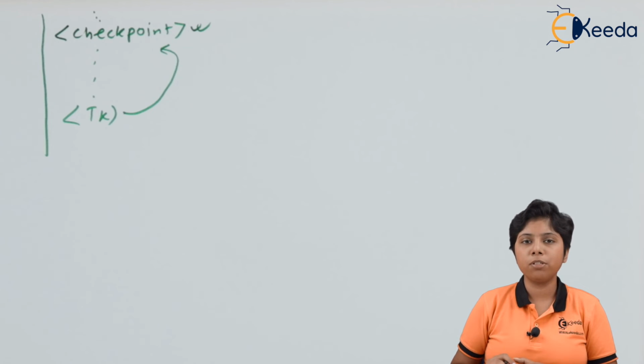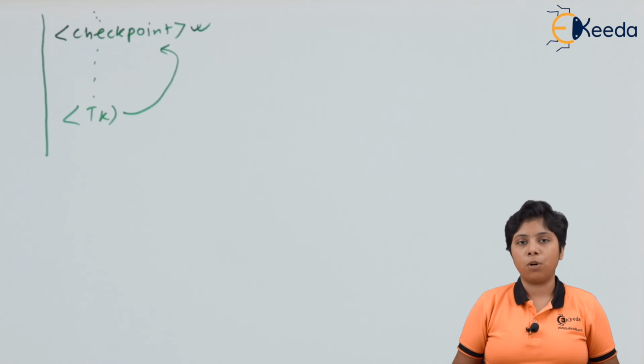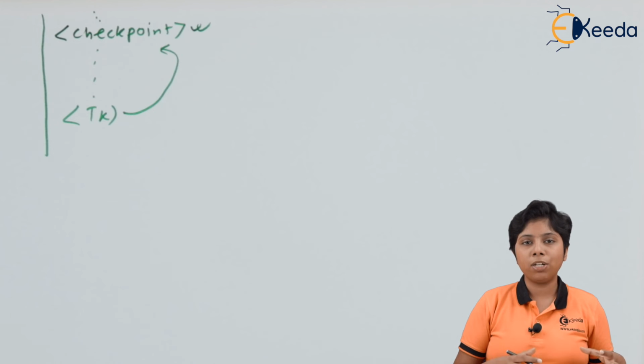Now there are some rules to restart our technique. We make two lists for the recovery technique in the log record: one list for redo and one list for undo.